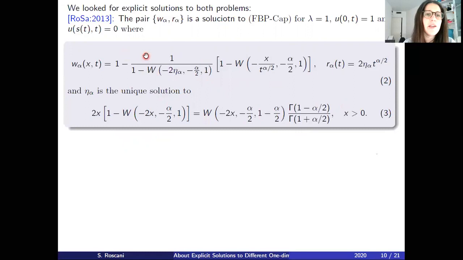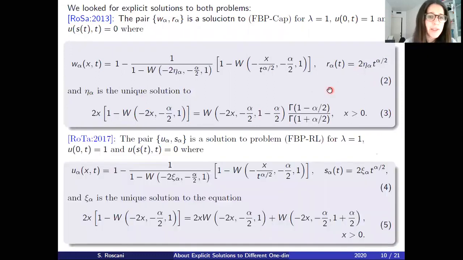This solution appeared in a paper in 2009, and our contribution was to prove that there is a unique solution to this equation. So the characterization of the interface is in this way unique.